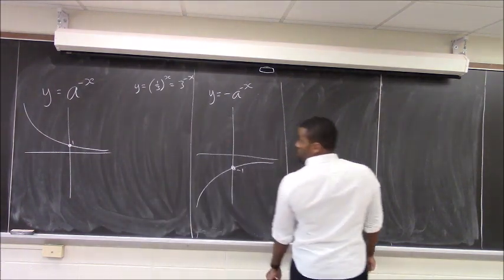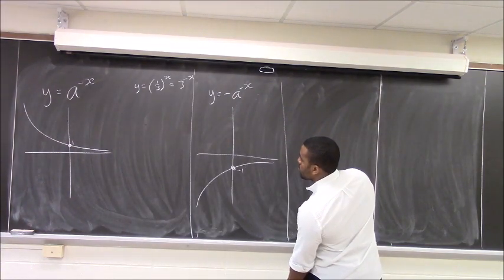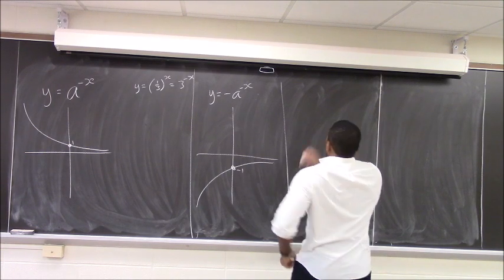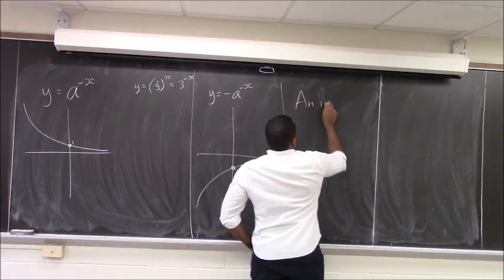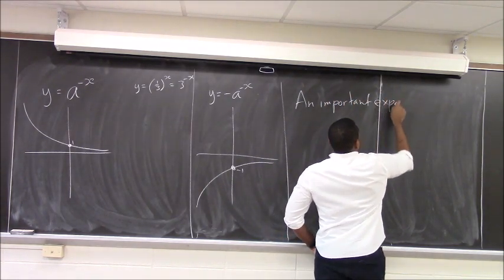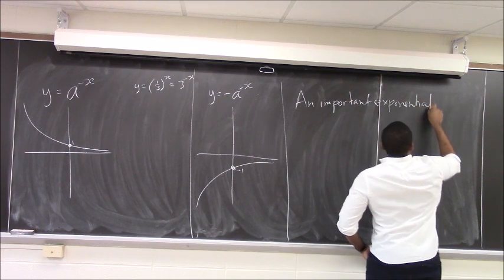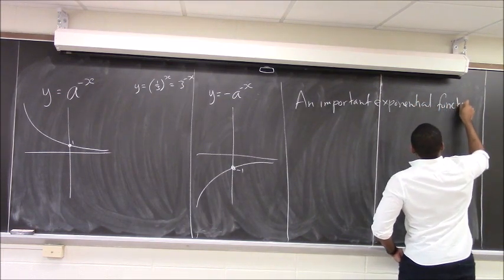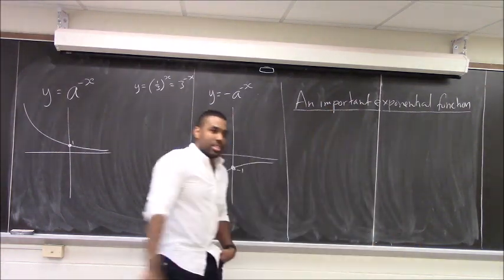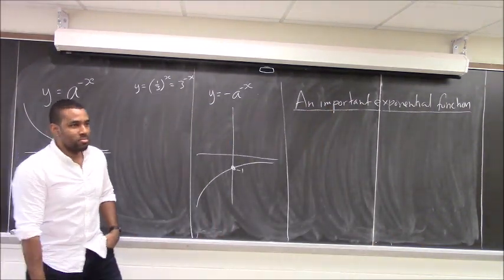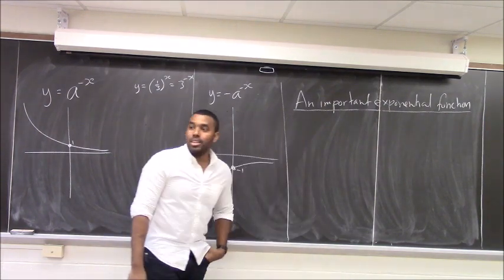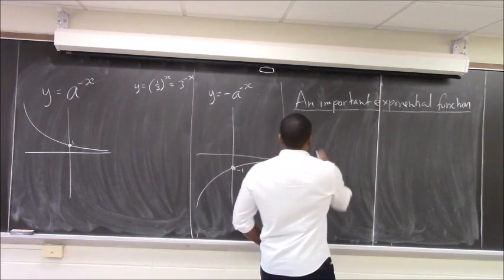What else do we want to do? There's an important exponential function, one that we care about very much in calculus. Does anyone know what I'm going to say? Yeah, e to the x, super important function.